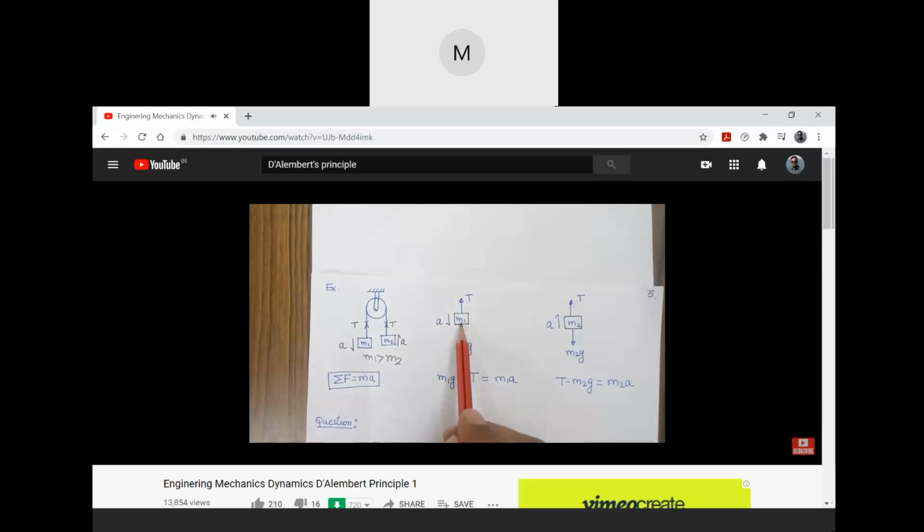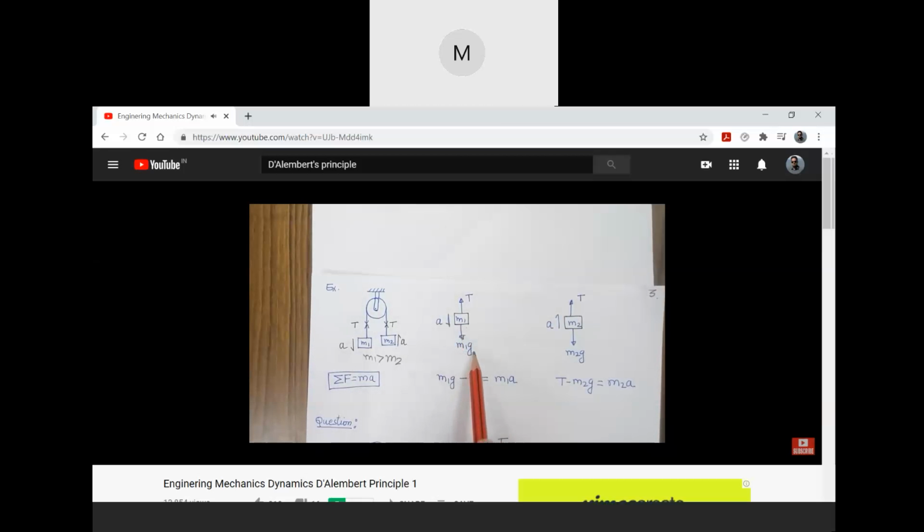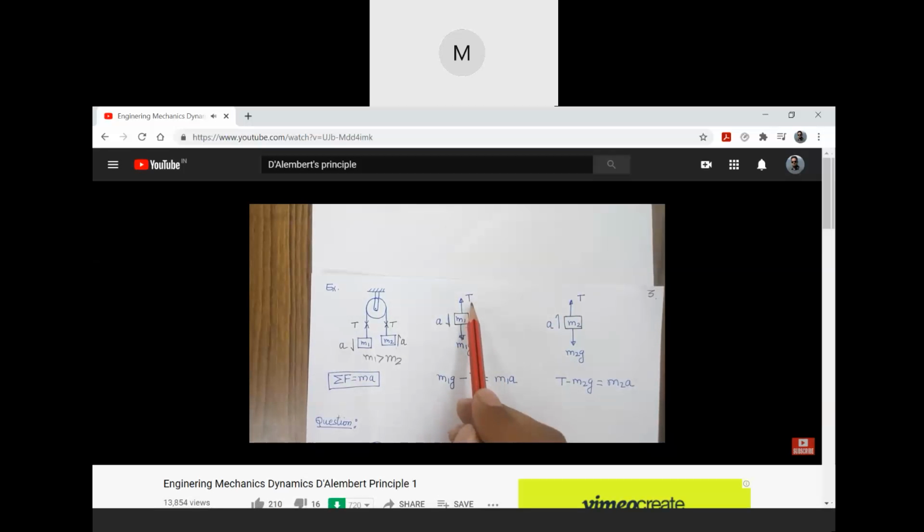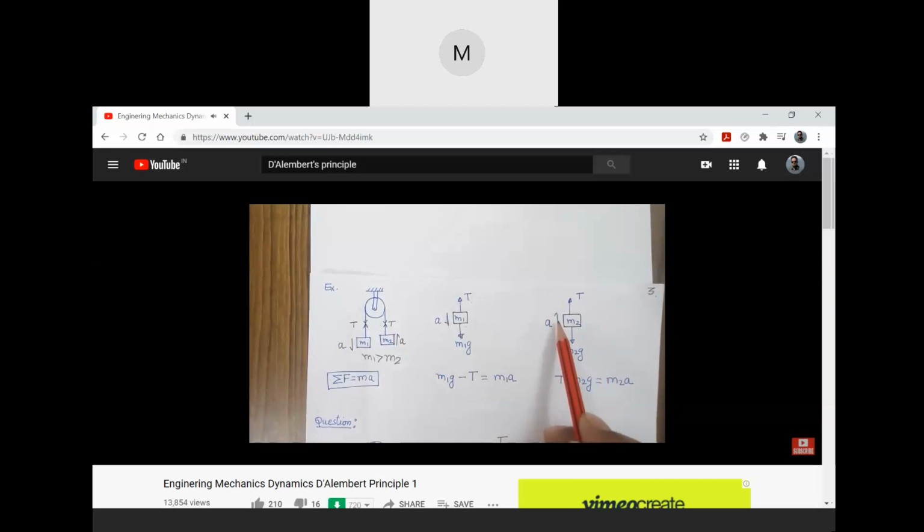For mass M1, the mass is moving in the downward direction, so there will be a gravitational force M1G acting downward and a tension force T in the upward direction. Similarly for M2, the mass is moving in the upward direction, so acceleration will be upward, with tension T and M2G.